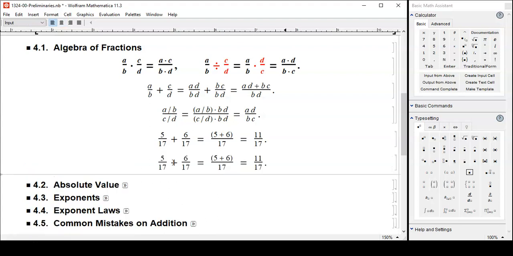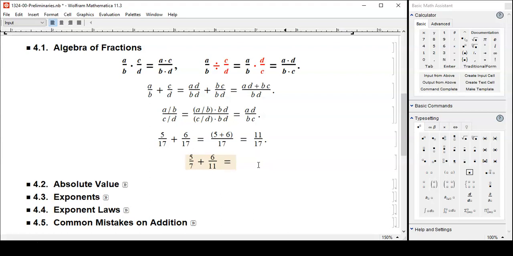Now, what if you have two different denominators like this? In that case, you cannot simply add up, especially the denominator. No, it doesn't work this way. How do I make it work? Remember this trick? Multiply the same strategic number to both numerator and denominator, and that strategic number is the other denominator.